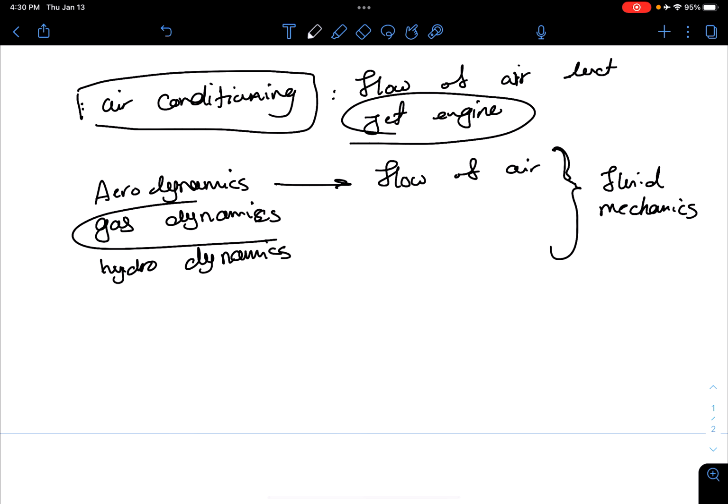Now, from their names, you can say gas dynamics talks about the movement of any gas, not just air, on things or inside things. Hydrodynamics talks about movement of water on things or inside things, right? But we are mostly concerned with aerodynamics.